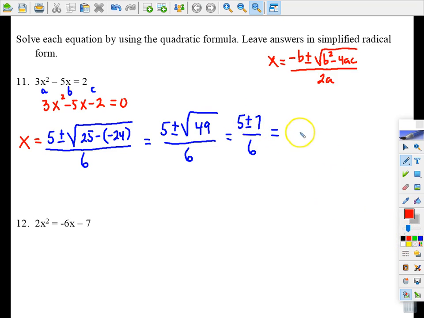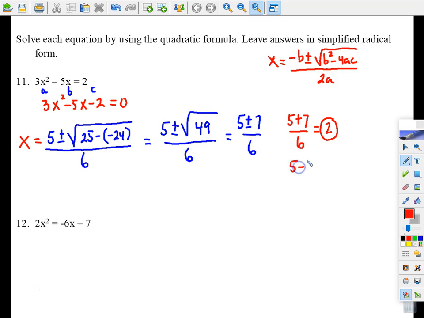For example, one of my answers will be when I do 5 plus 7 and divide that by 6. And we know that 5 plus 7 is 12, and then 12 divided by 6 is 2. So one of my solutions is 2. And now I'm going to do the same thing with the subtraction.